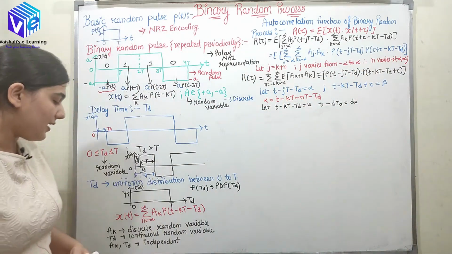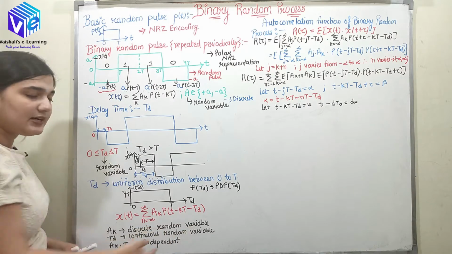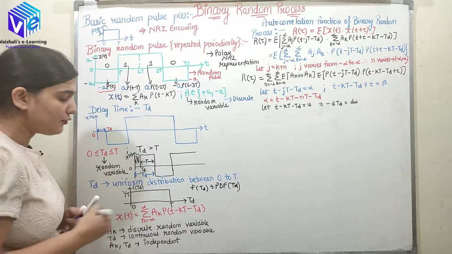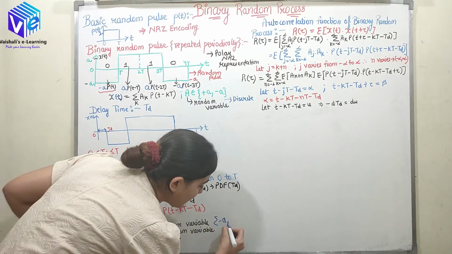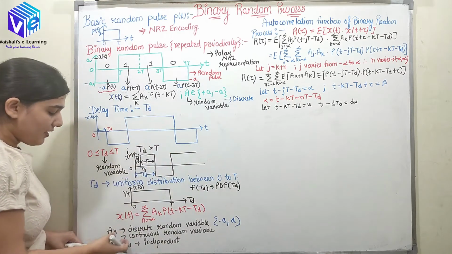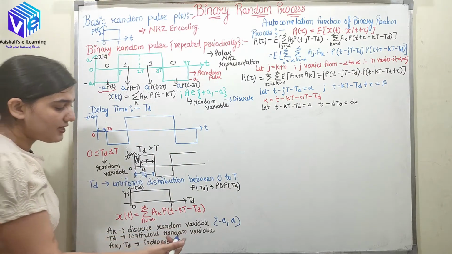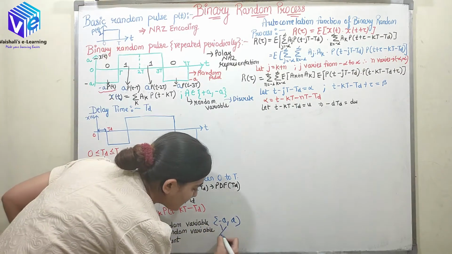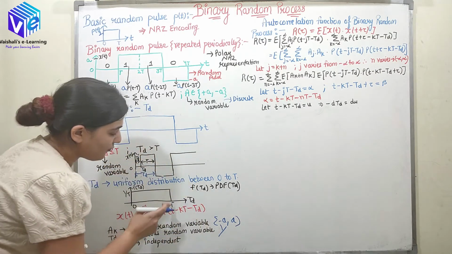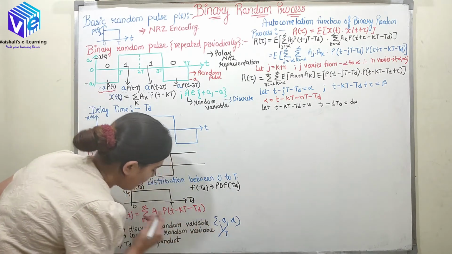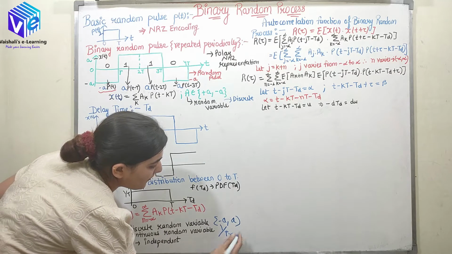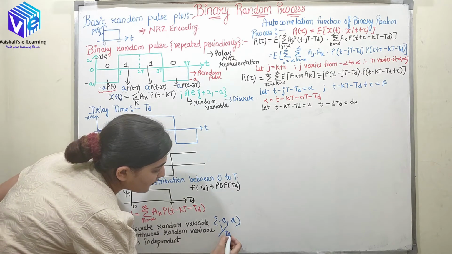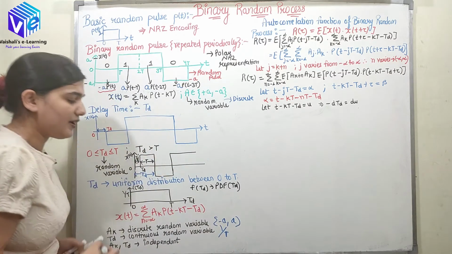Now AK is my discrete random variable. As I have already told you, it has just two values, minus A and A. TD is my continuous random variable, so its PDF will be represented by 1 upon B minus A. What is B? It is T, and what is A? It is 0, so 1 upon T minus 0 would be 1 upon T only.